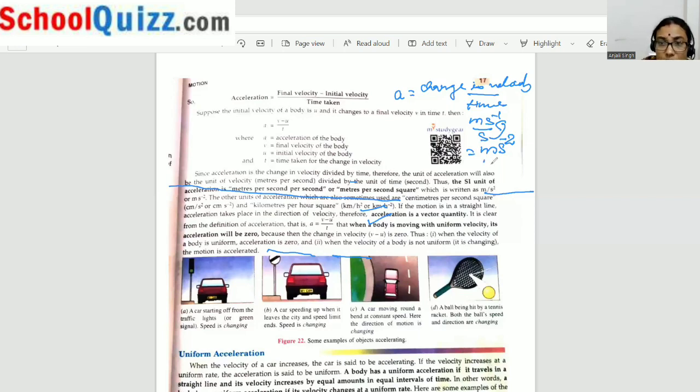That is the SI unit. Other units include kilometer per hour square and centimeter per second square. There are many.